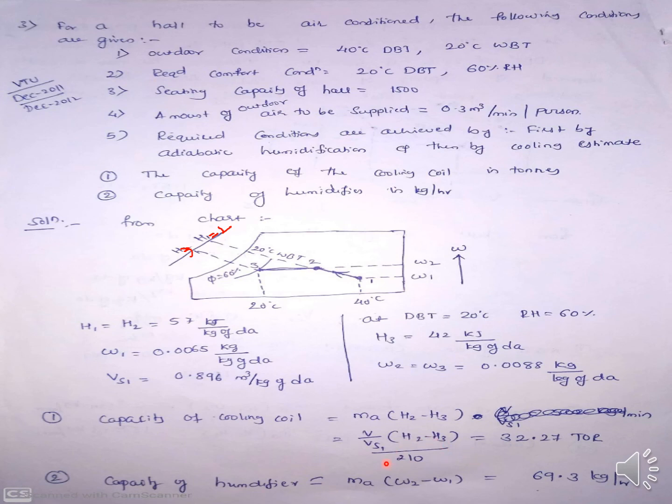Or if it is not asked in tons of refrigeration, don't divide by 210, and directly you will get kilojoules per minute. Capacity of humidifier is again MA into (W2 minus W1). W2 is this much, W1 is this much. Just multiply, and MA is equal to V by VS1. You will get the answer.